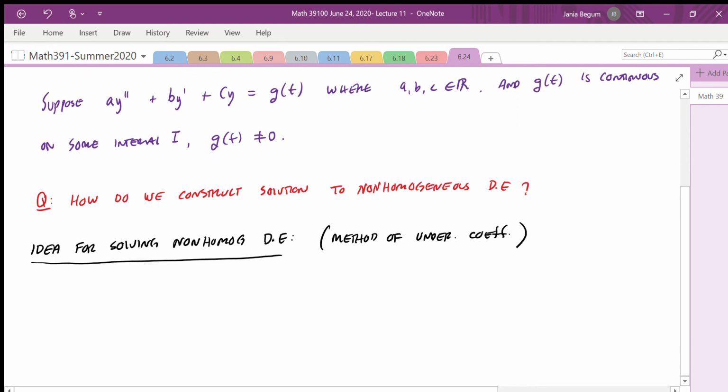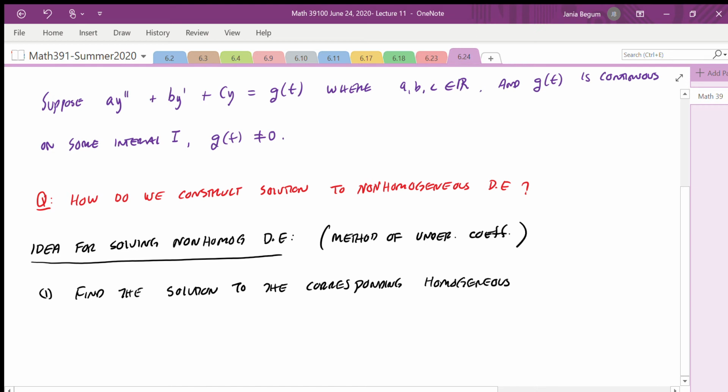The first step for using this method is to find the solution to the corresponding homogeneous equation. We're going to call that y sub h, meaning the solution to the homogeneous case.